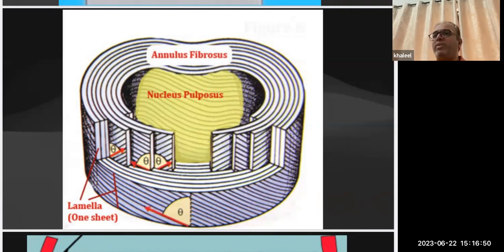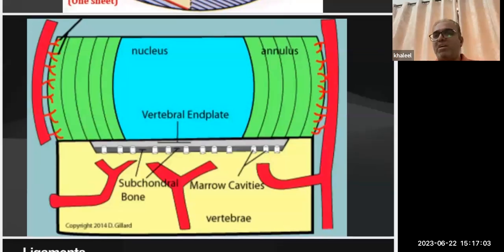That may lead to radial tears, and later on, when we come across these patients, we see disc herniations. The blood is supplied by the vertebral end plates, and the transport of nutrients and waste matter occurs between the annulus and nucleus through diffusion.